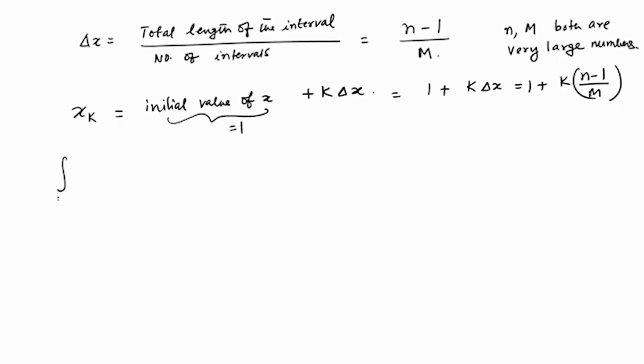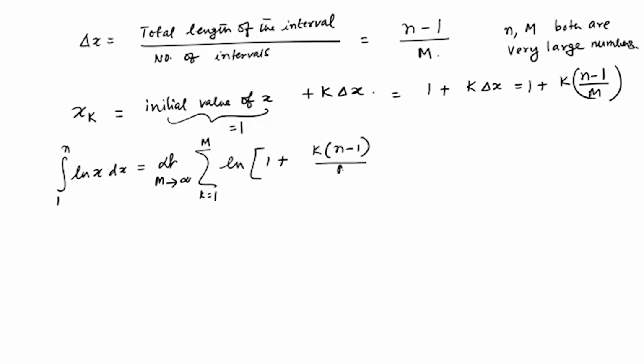So, eventually the integral from 1 to n of log of x dx is nothing but the limit m tending to infinity, and there is a sum over k from 1 to m, of log of (1 plus k (n minus 1) by m) multiplied by (n minus 1) by m.